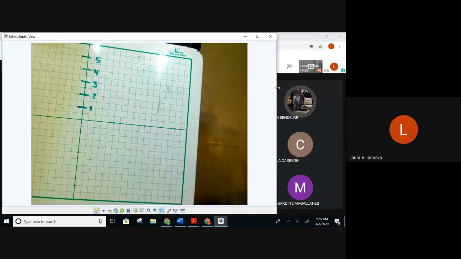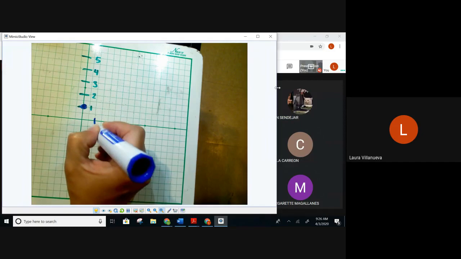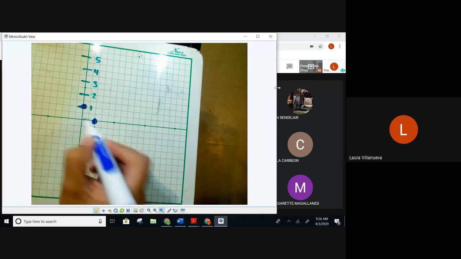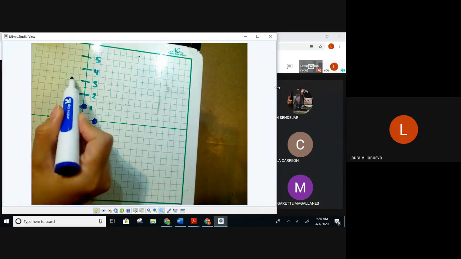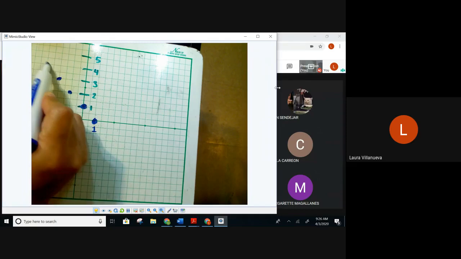So then I'm going to give you 2 points here: 1 and 1. So this slope is actually 1.